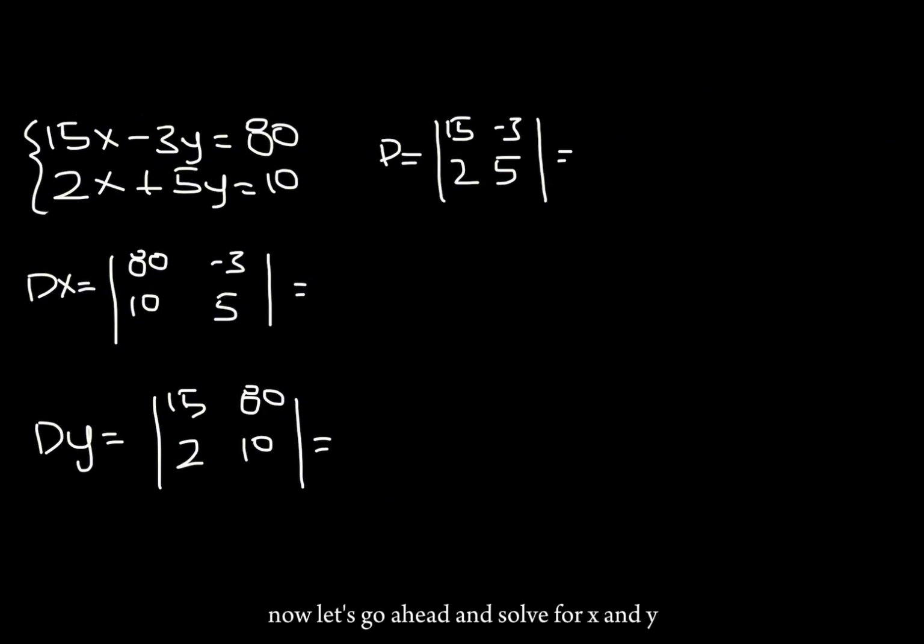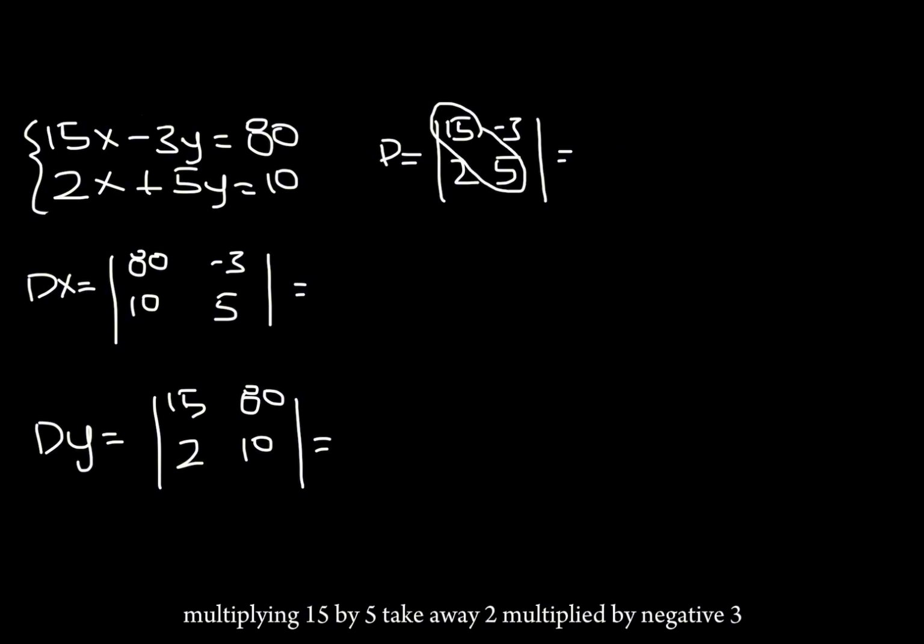Now let's go ahead and solve for x and y. Starting with this matrix, let's find the determinant. We know how to solve for the determinant by multiplying 15 by 5, take away 2 multiplied by negative 3.